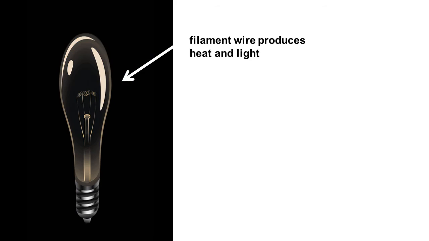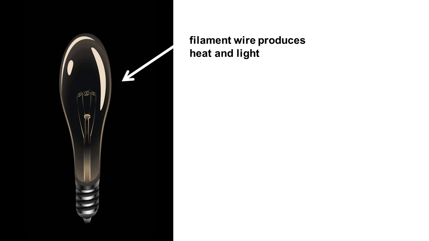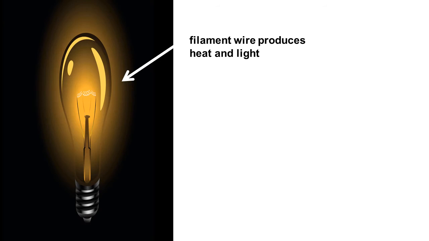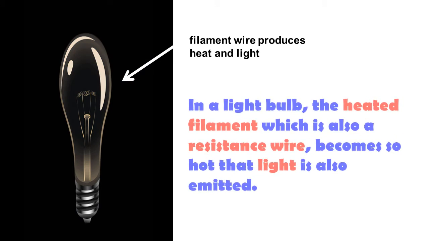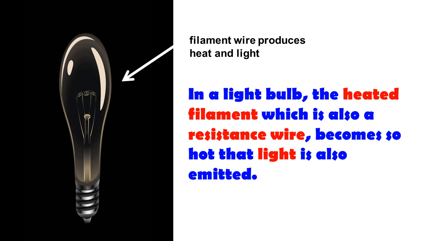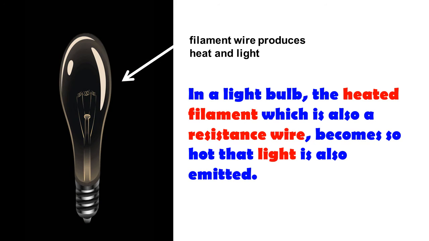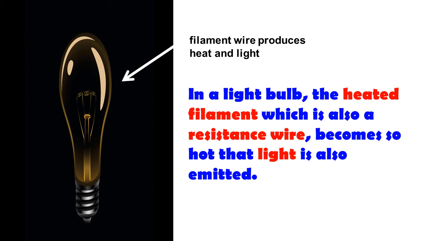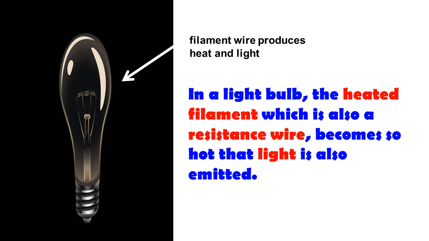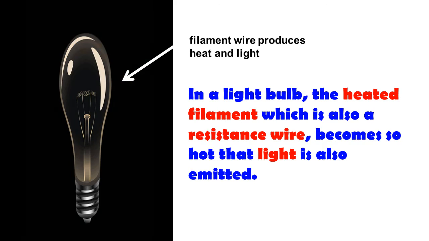In an electric bulb, we use the heating effect of electric current, and in this case we see a thin metallic wire in the bulb. It is made up of tungsten metal, and in a glass vessel or bulb the tungsten wire is kept sealed. The glass vessel is filled with inert gas or vacuum.